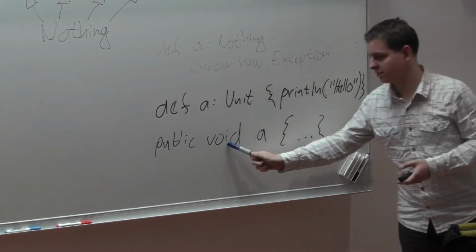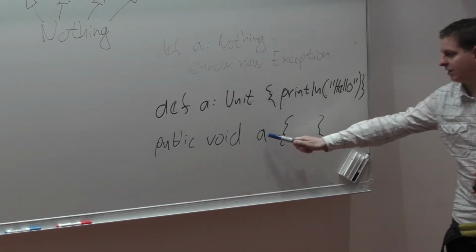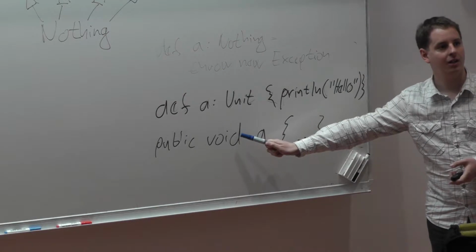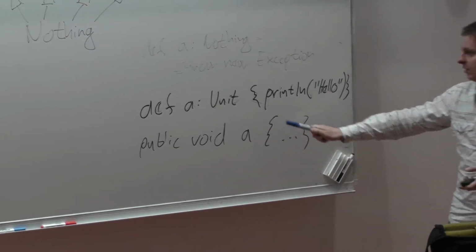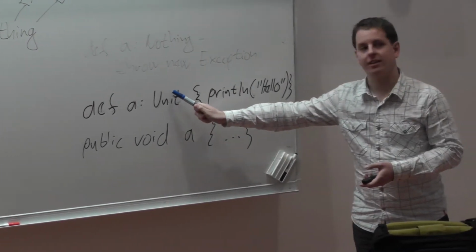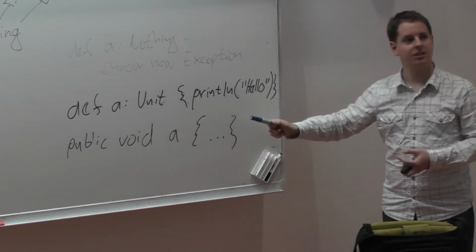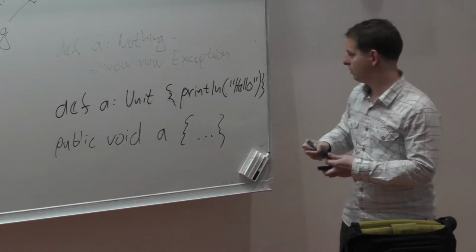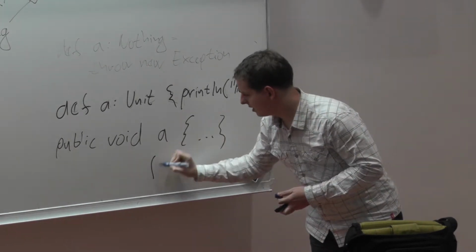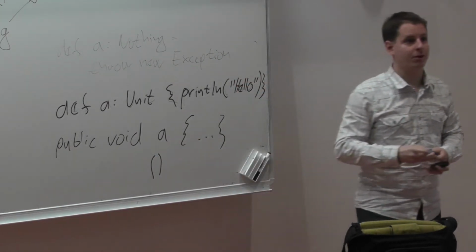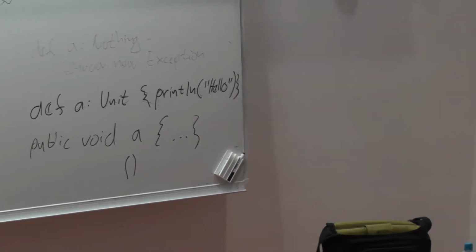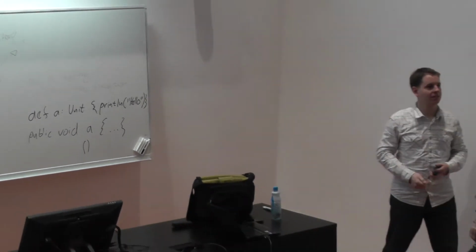This keyword means that the function has no return type and it returns nothing. But in Scala, it has a type, it's called Unit, and it returns the Unit's only value, which is empty parenthesis, and that means something like I have ended.